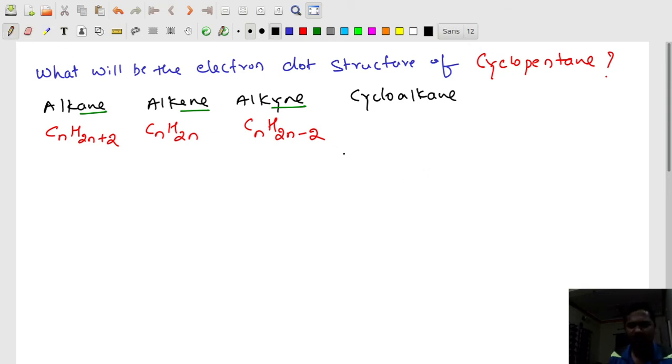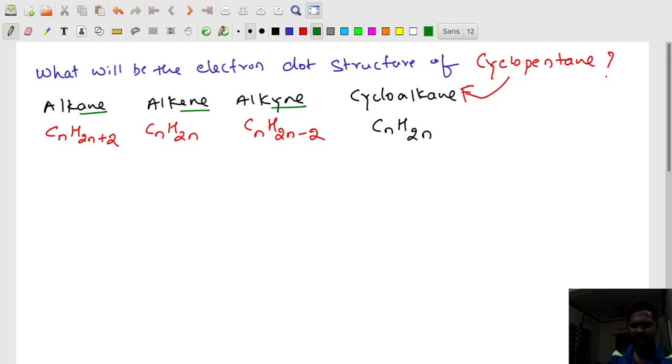And what is the general formula for cycloalkane? It is CnH2n. Just remember these four formulas, and cyclopentane comes under the group of cycloalkanes. Start with cyclopentane.